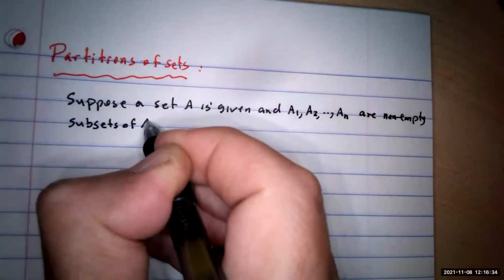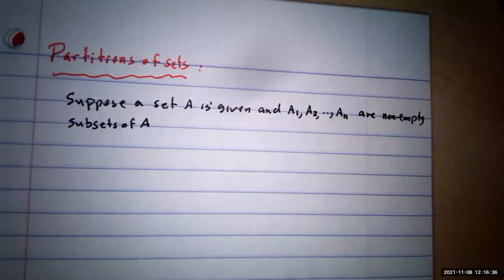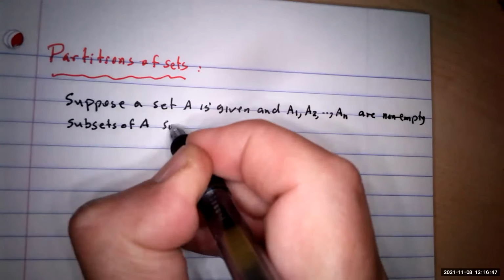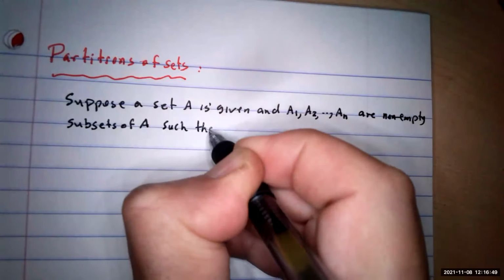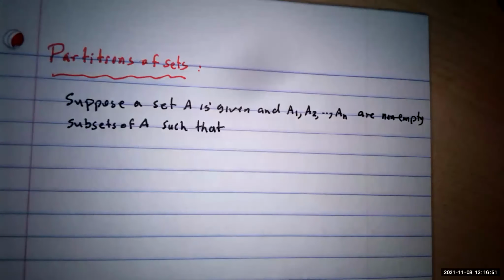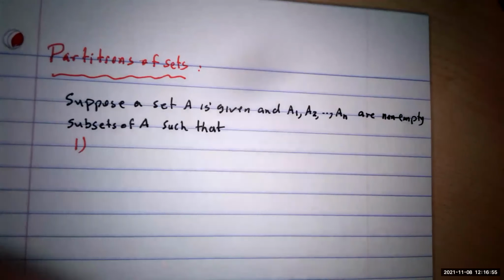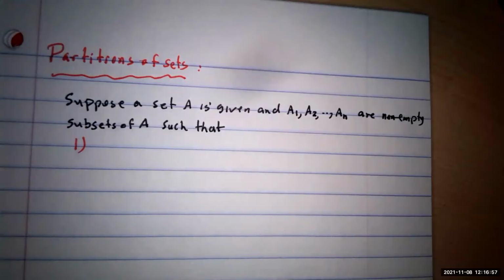So these A1, A2, up to AN are the classrooms, and A is the second floor, if you like. They are non-empty subsets of A such that two conditions are satisfied. The first condition is they have no 2 by 2 intersections.